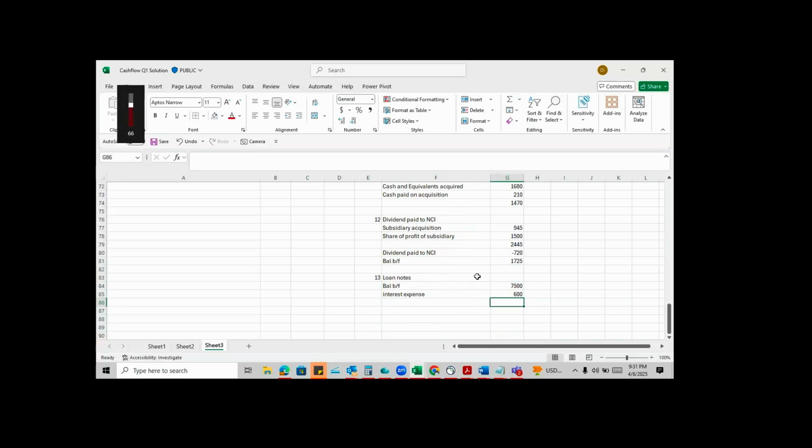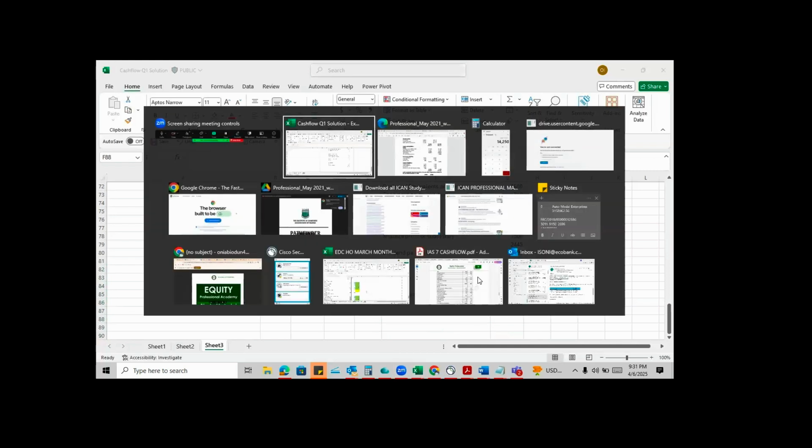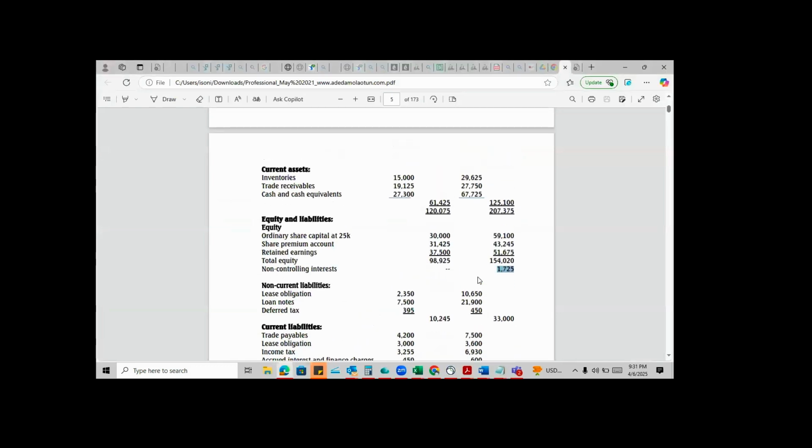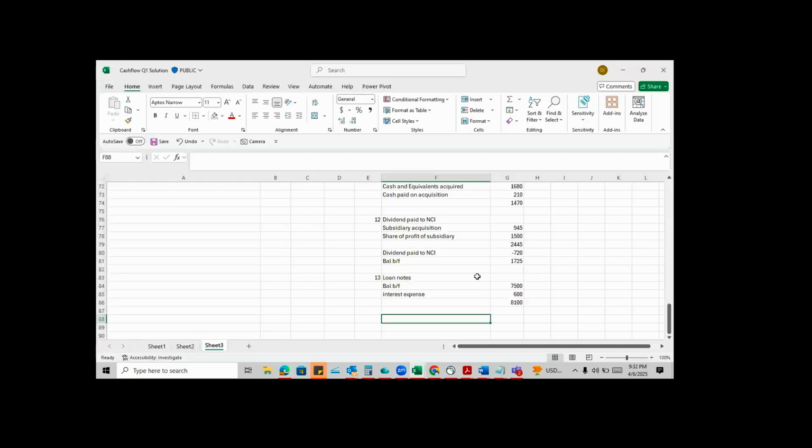Now, it means that my balance here should be 8,100. However, what do I have? I have 21,900. Then it means I must have taken new loans. If I have a reduced amount, I would say I paid part of the loan.